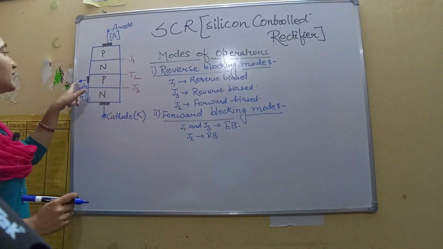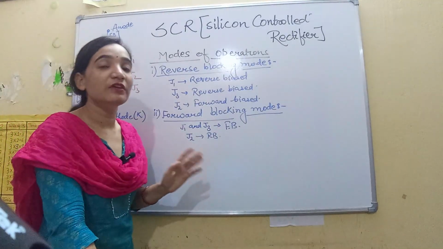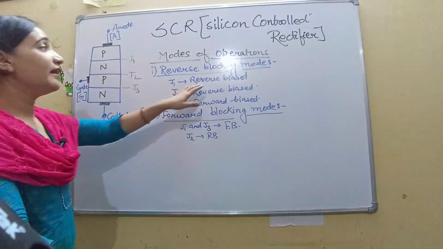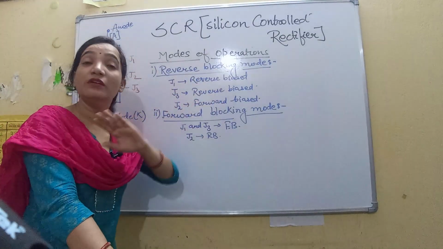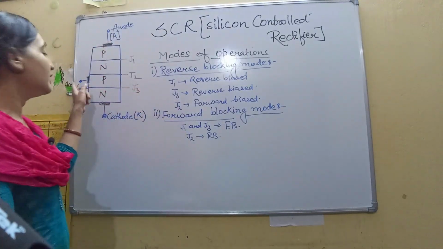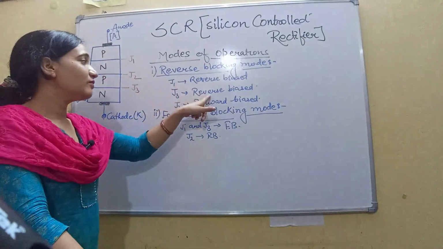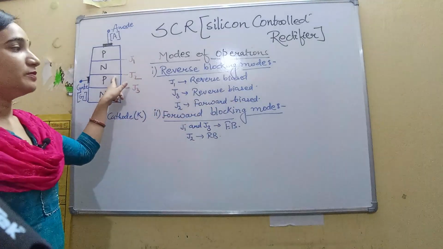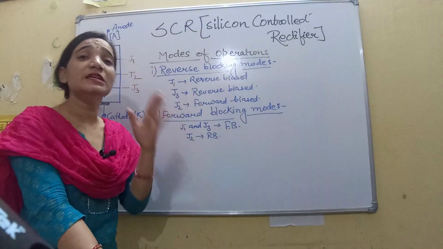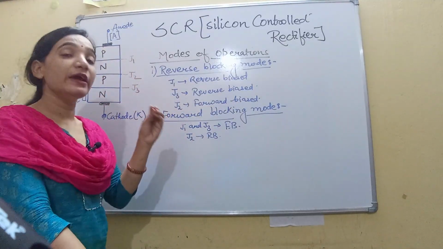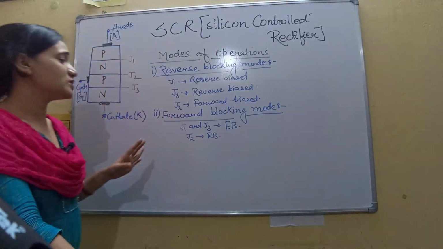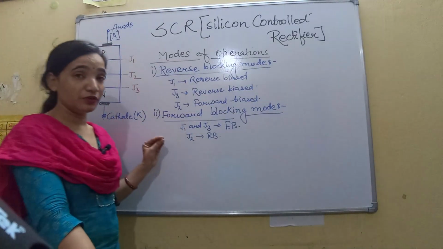Here we will keep the gate open. We are not applying anything there, and in reverse blocking mode also, we are not applying anything at the gate. In reverse blocking mode, a very small reverse leakage current is flowing through it.